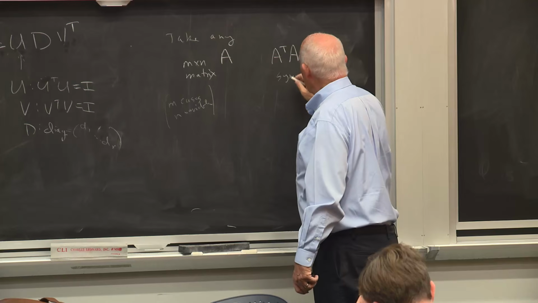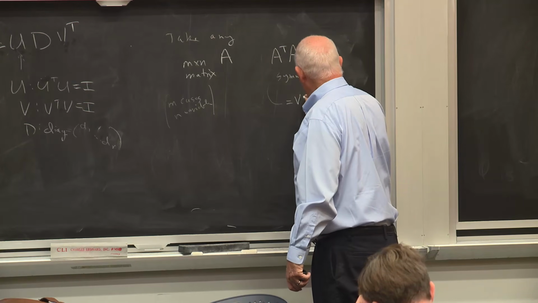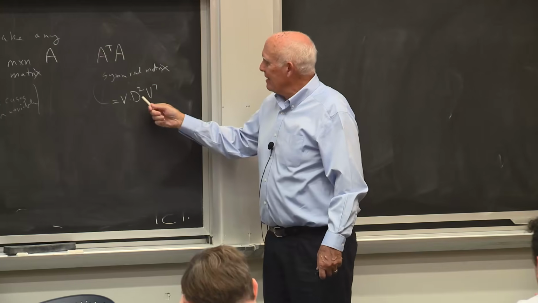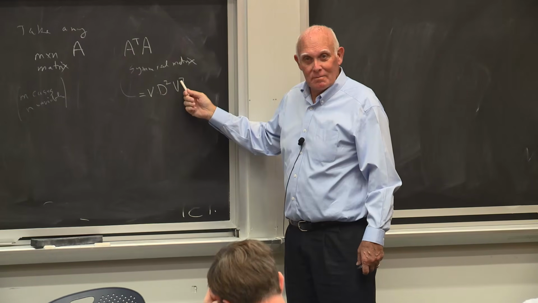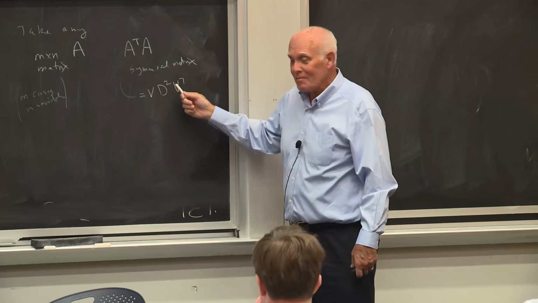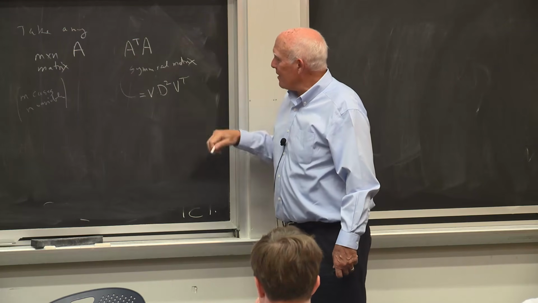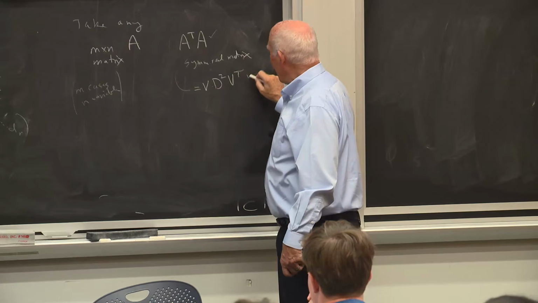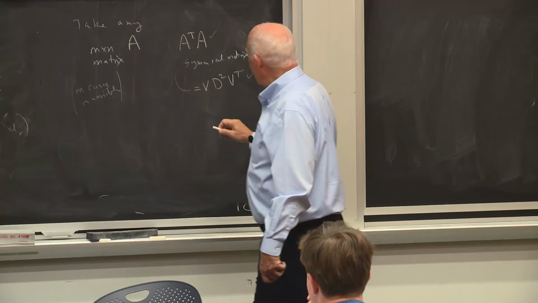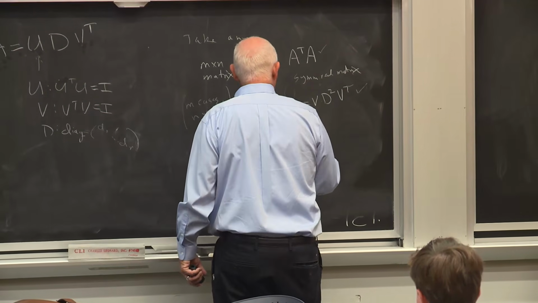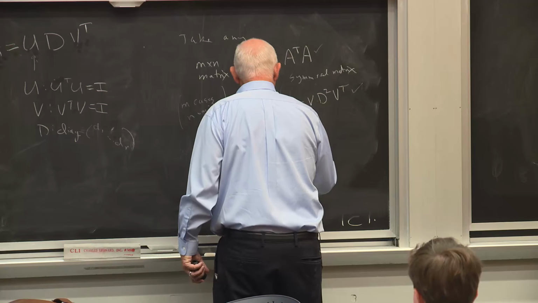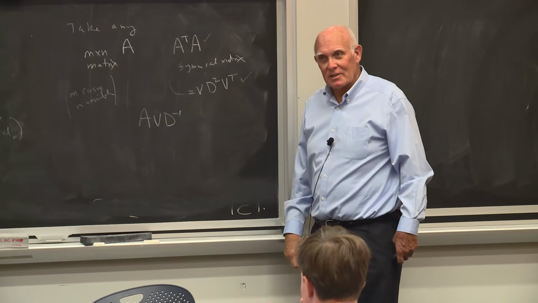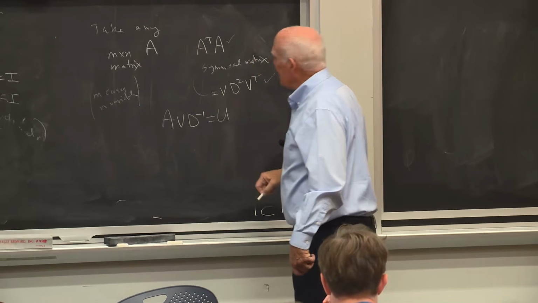And so this actually can be diagonalized to V d squared V transpose, where I'm representing the eigenvalues as the squared D values and the eigenvectors as columns of V. And so one can construct this, do the eigenvalue, eigenvector decomposition here, and then we can take the matrix A, post-multiplied by V and post-multiplied by D inverse. And this will basically be our U matrix.